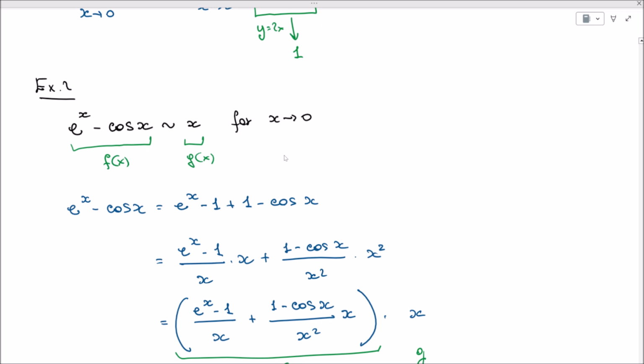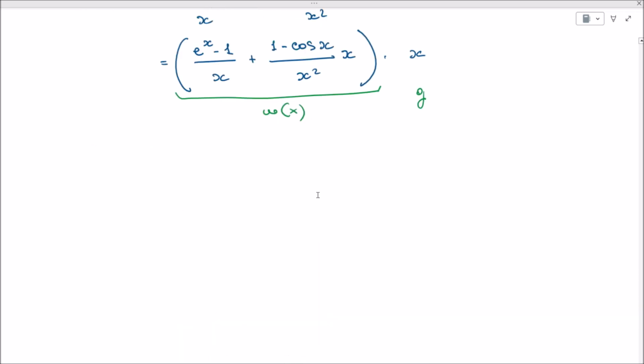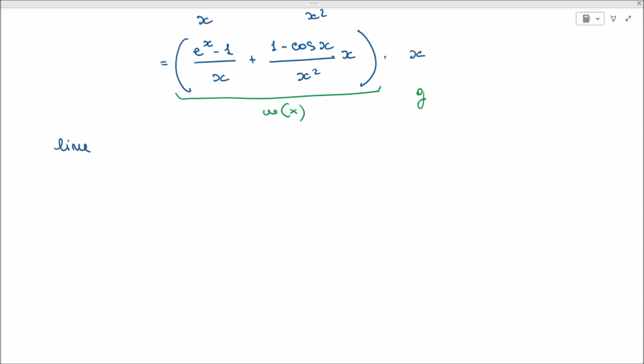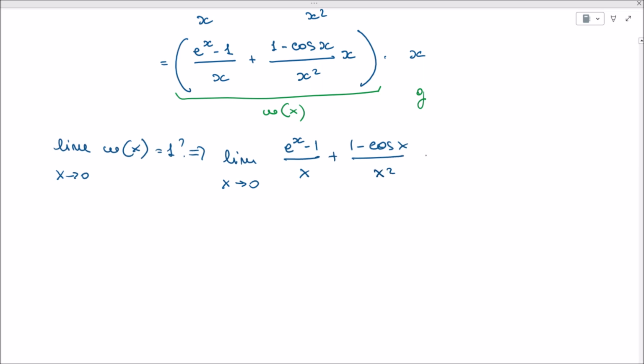So we need to prove now that the limit as x goes to 0 of omega of x is equal to 1. Okay? Is this equal to 1? Well, let's see. The limit as x goes to 0 of (e to the x minus 1) divided by x plus (1 minus cosine of x) divided by x to the square times x.